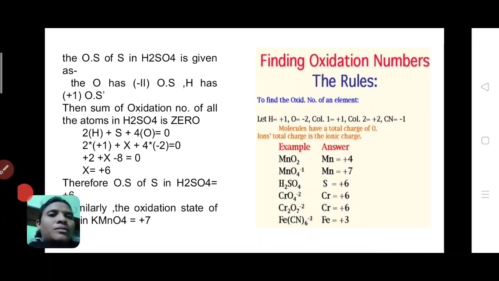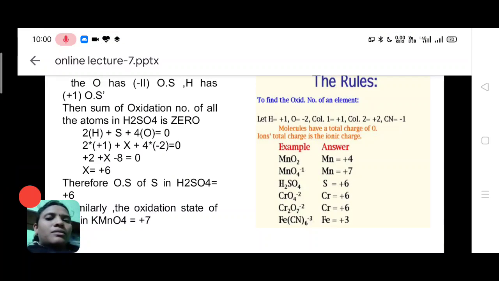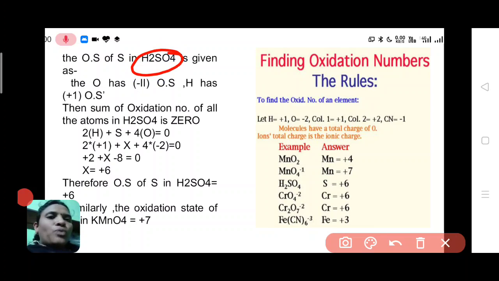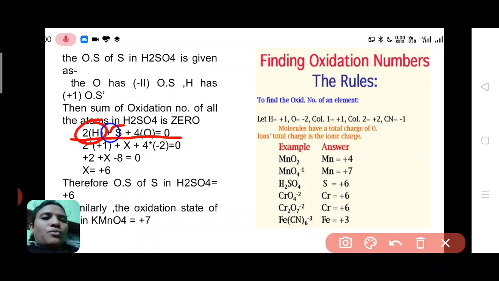Now, how can we find the oxidation number? Oxidation state and oxidation number are the same. If we want to calculate the oxidation state in H2SO4, we have to do this calculation. In H2SO4 there are 2 hydrogen, 1 sulfur and 4 oxygen.